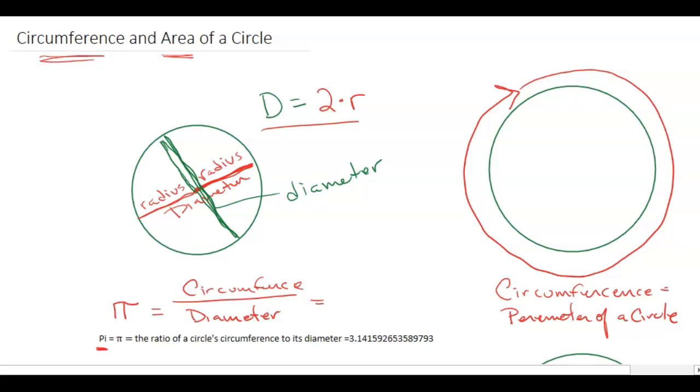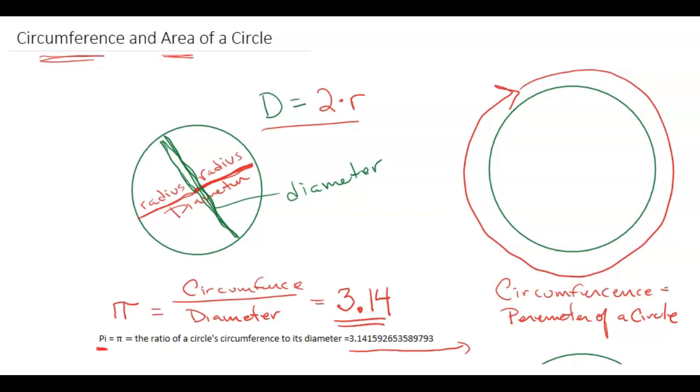It's a number that is irrational, which means the decimal goes on and on without repeating. A scientific calculator will have a pi button on it. But if we're just using a rounded shortcut version of pi, we usually use the number 3.14. That's what I'll be using today, because we can use that on any calculator.